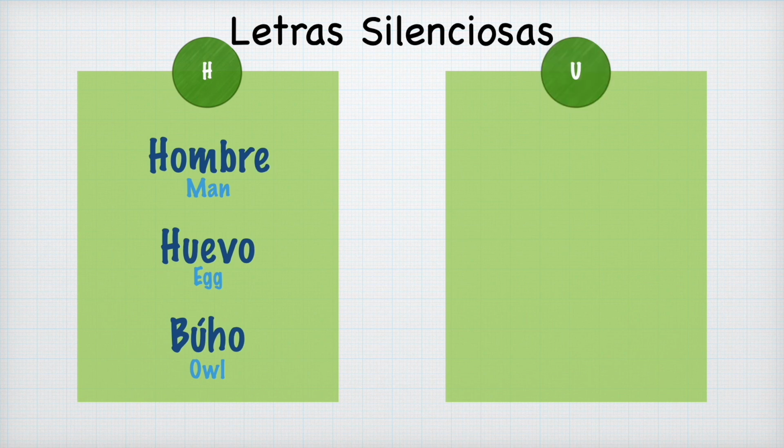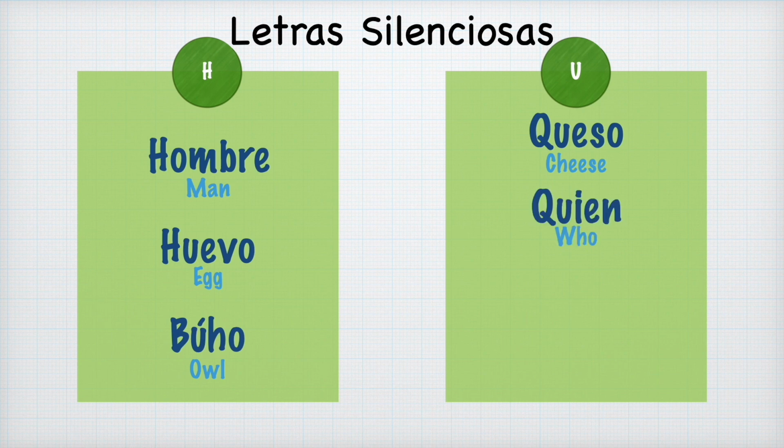There are situations where the U is also silent, and letras silenciosas mean silent letters. When there's the QUE combination, as in queso, the U doesn't sound. Or we also have the QUI combination, as in quién.